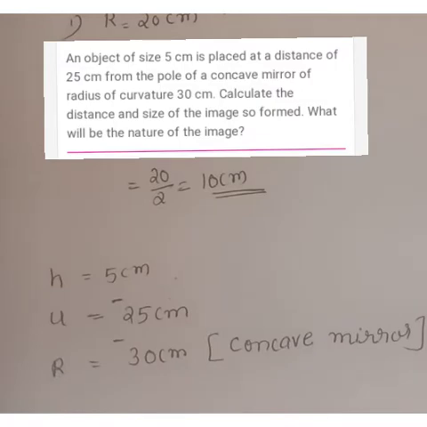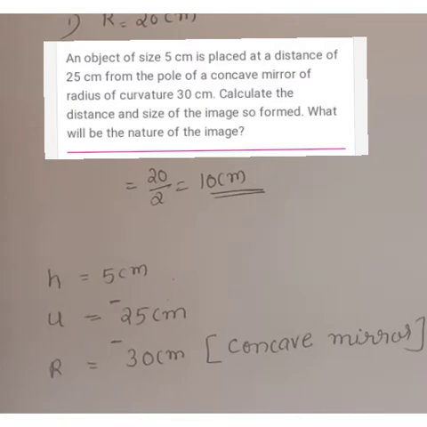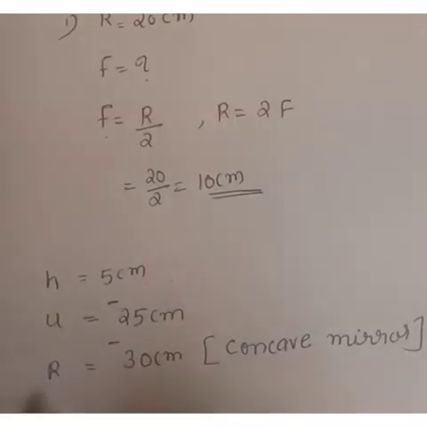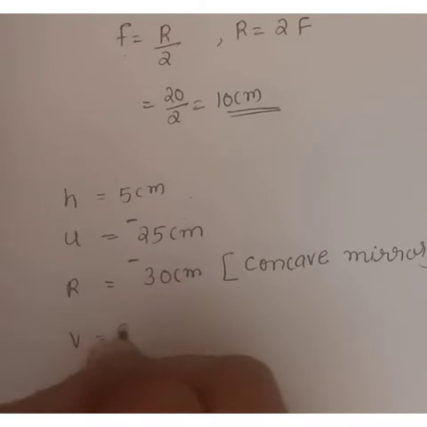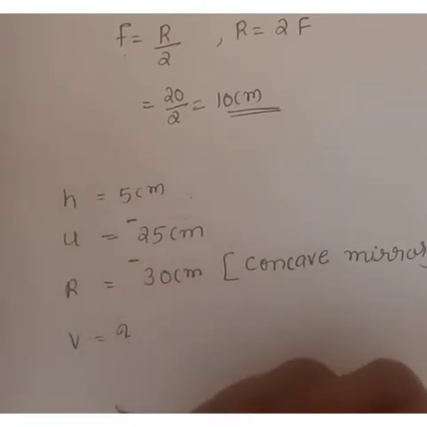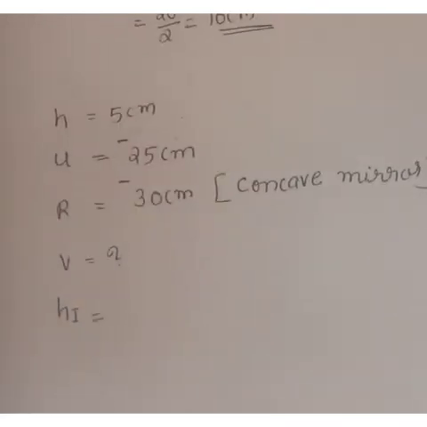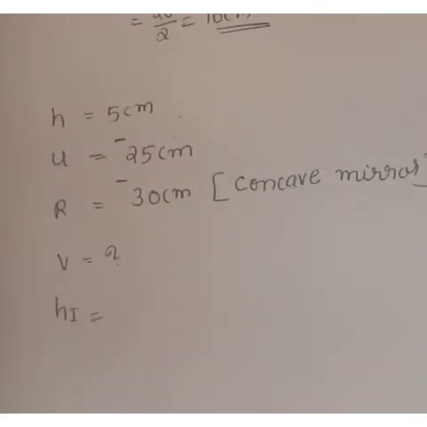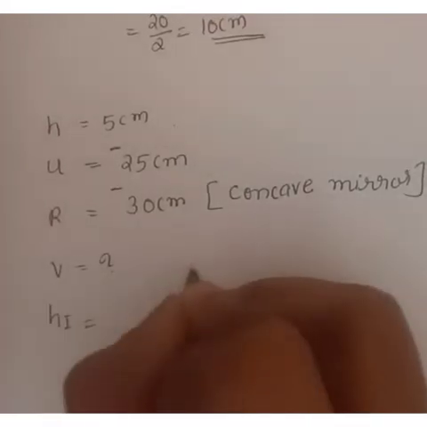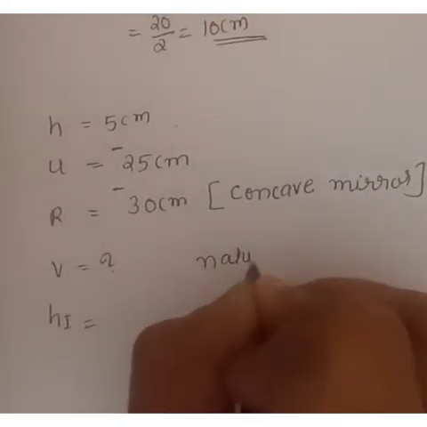So R is equal to negative 30 centimeter. Now you have to find out the distance and size of the image. That means you have to find v, and also the size of the image, that is hi. And one more term, the nature of the image.